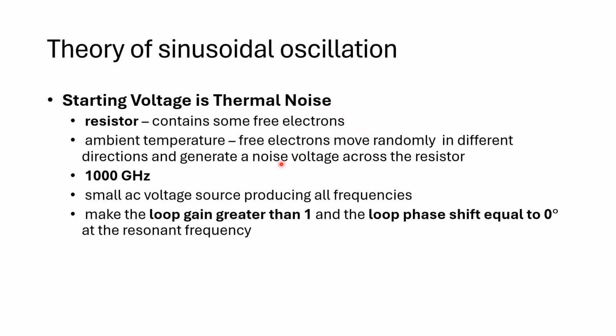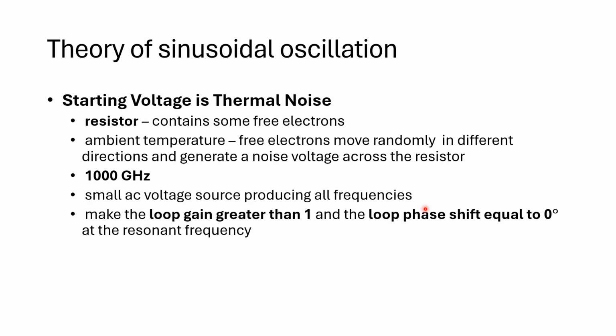At ambient temperature, these free electrons move randomly in different directions, and they generate a noise voltage across that resistor. The random movement of free electrons can produce several frequencies up to a maximum of 1000 gigahertz. So we only want a small AC voltage source, and your resistor is acting like a small AC source, producing all types of frequencies.